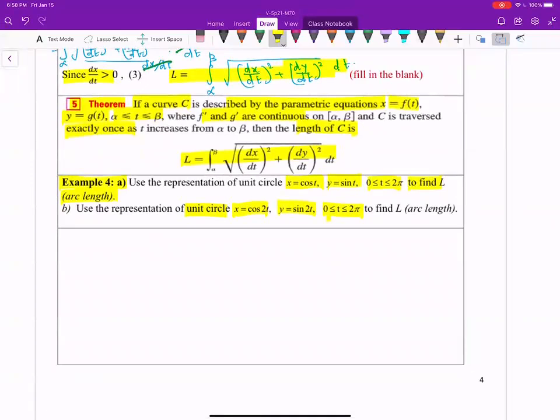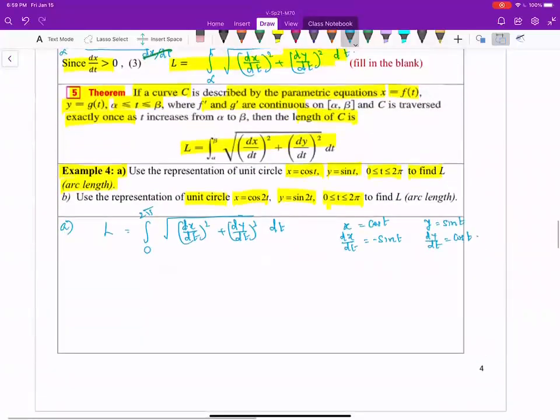Okay, so the length of the curve for part A. L equals the integral from alpha to beta. It's given in the problem, it's 0 to 2 pi, square root of (dx over dt) the whole square plus (dy over dt) the whole square, dt. We know that x equals cosine of t, so dx by dt equals negative sine of t. y equals sine of t, so dy by dt equals cosine of t.